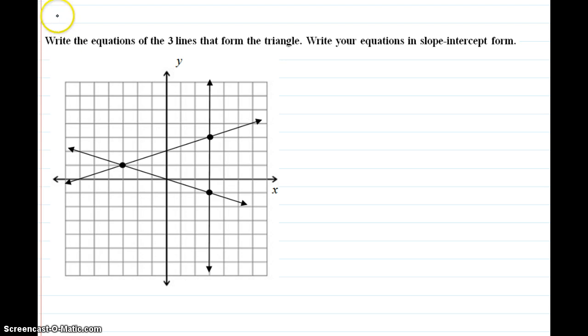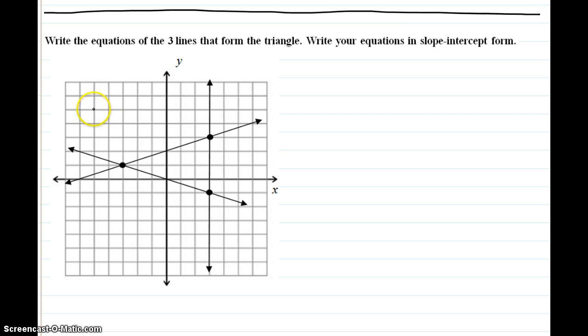Alright, let's look at our next example. Write the equations of the three lines that form the triangle. Write your equations in slope-intercept form. So we have our three lines. We have our yellow line. We have our blue line.